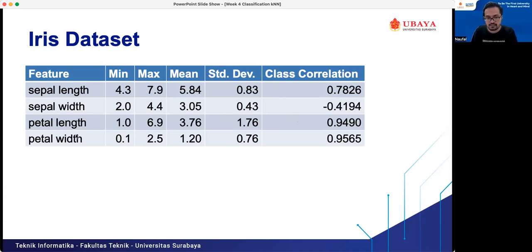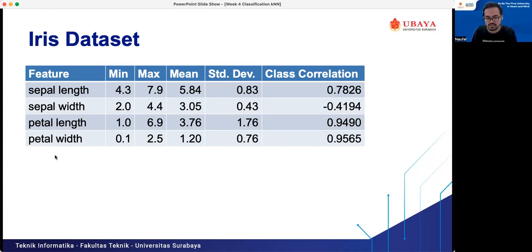We can say that petal length and petal width are the features that have a high correlation with the class. So petal length and petal width are directly proportional with the class. They are the features that need to be considered to classify the classes, and we will discuss it later.